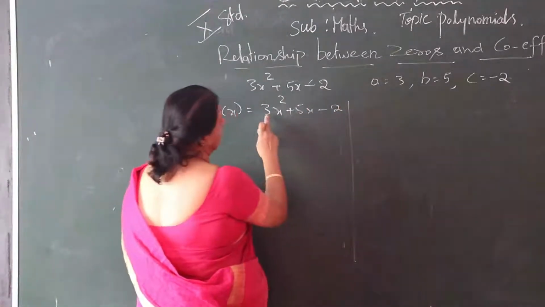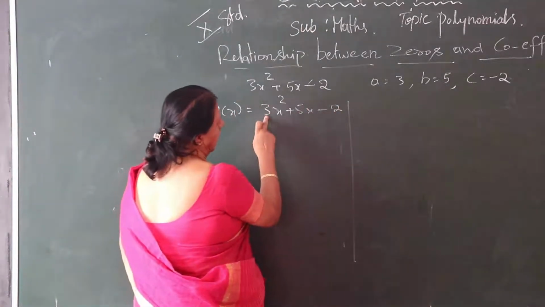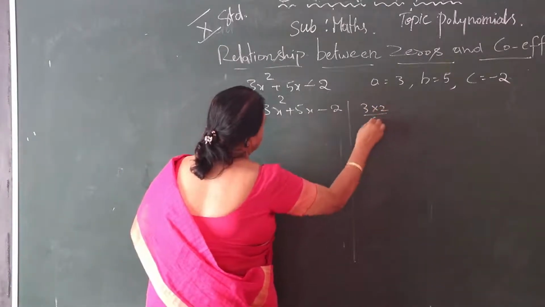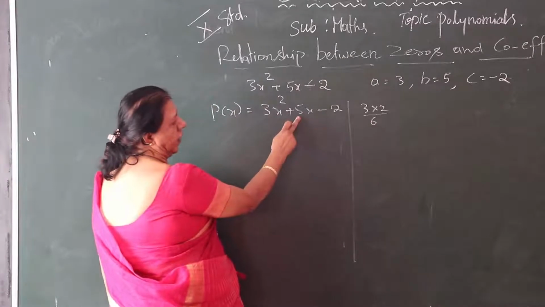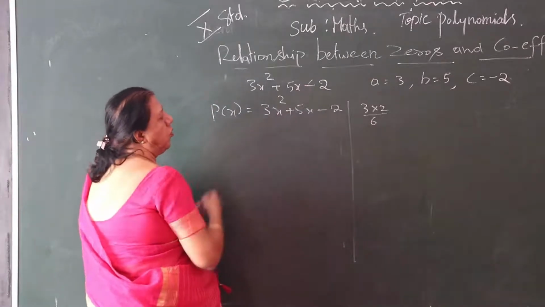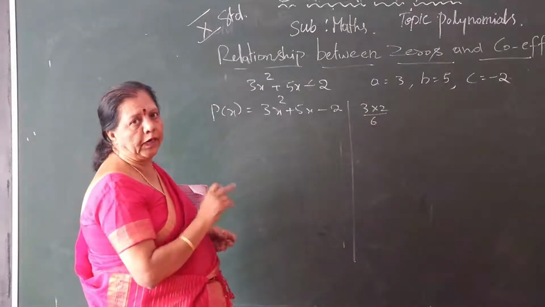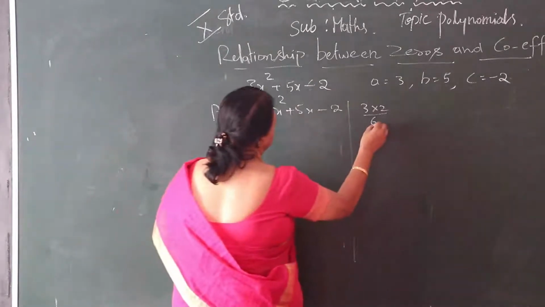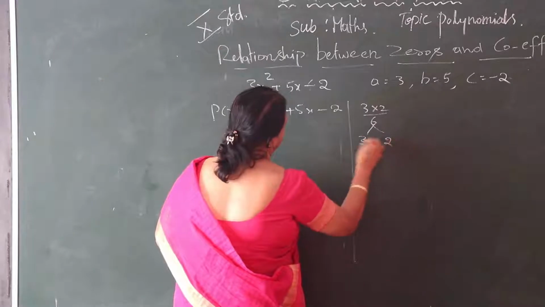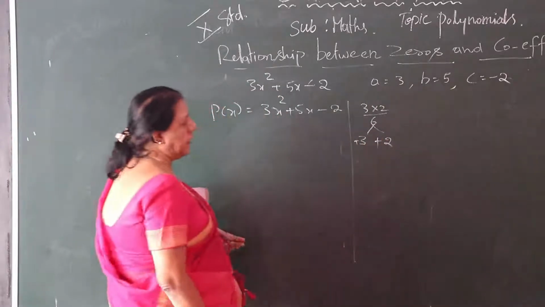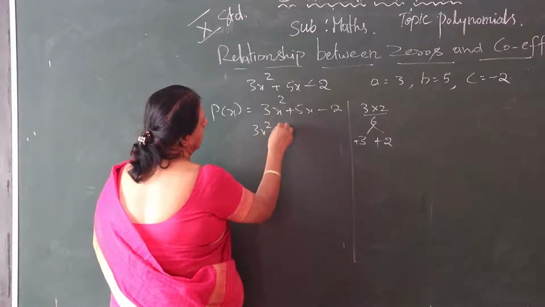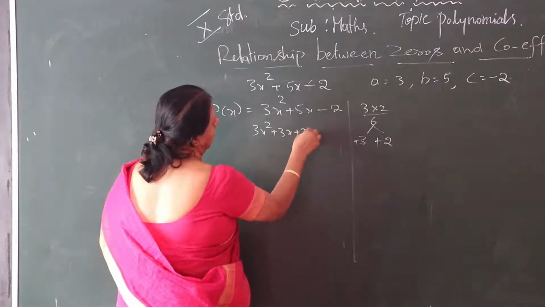Find the factorization. So here this 3 and 2 you multiply. 3 and 2 multiply is 6. You have to get the middle term 5x. So you follow the table. 3 into 2 is also possible. Okay, 3 into 2. Plus you are getting 3x square plus 3x plus 2x.